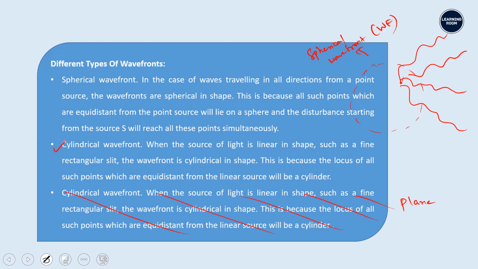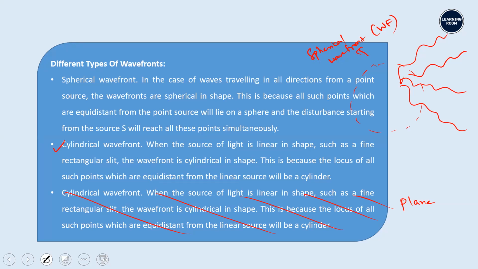The next one is called a cylindrical wave, meaning the wavefront will take the shape of a cylinder. If I have to give you a similarity, go back to the first chapter, under applications of Gauss law, where you have something called a linear source. When we applied Gauss law for a point source, what kind of Gaussian surface did we consider?